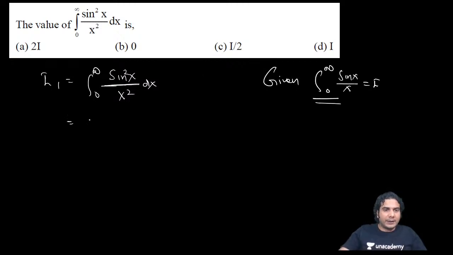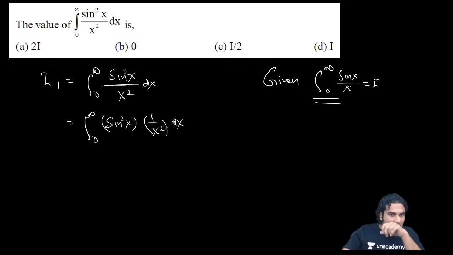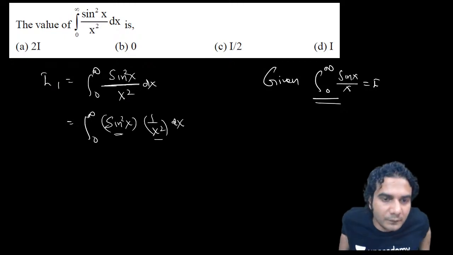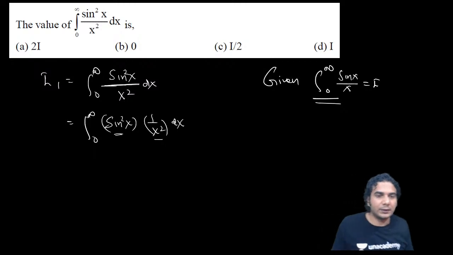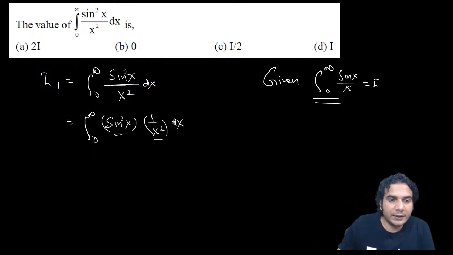If you write it like this, 0 to infinity sine square x, you can differentiate this and you can integrate this 1 upon x square dx. Or you can differentiate this or you can integrate this, alright? But how to integrate sine square? To integrate sine square, you need to write it in terms of, wait a minute.